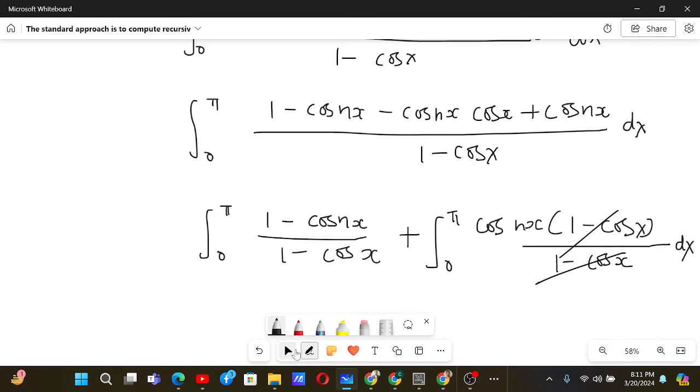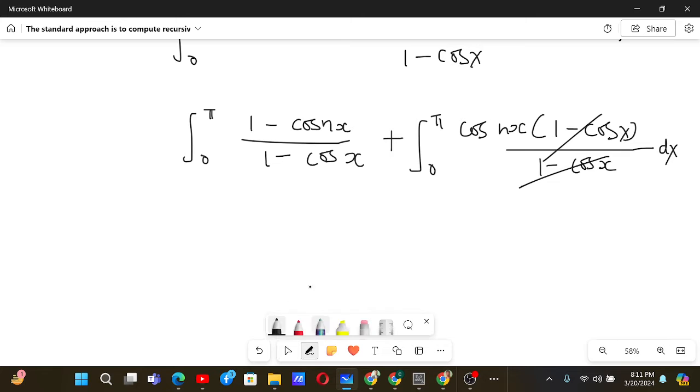And now this over here is just I of n, and this will just be sin nx over n, and at pi and 0, at both the limits sin of nx is 0, so that's why it goes to 0. So this is I of n minus 1 plus I of n plus 1 by 2, this is I of n.